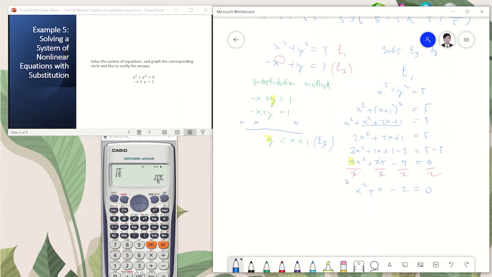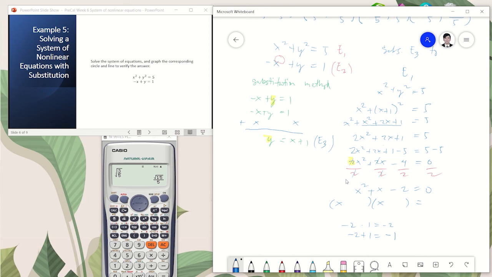Then you just have to factor this out. So this is a quadratic trinomial. First term would be x, because x times x is x squared. Then the last term, negative 2. That could be negative 2 times 1. But negative 2 times 1, yes, it's a negative 2, but negative 2 plus 1 is negative 1, and the middle term is a plus 1x, positive 1.